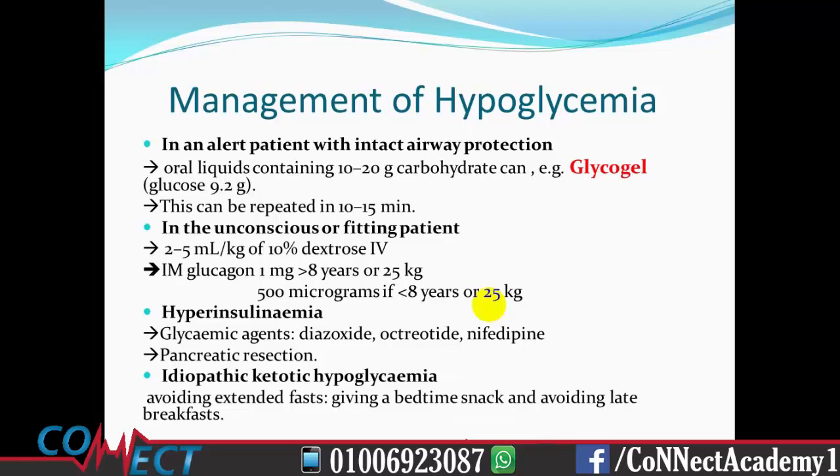For example, a patient with insulinoma of the pancreas. If I treated him emergently now, he will come tomorrow with another attack of hypoglycemia. So this child has to be put on certain measures to decrease the frequency and the severity of the attacks of hypoglycemia. That's by giving him hyperglycemic agents like diazoxide or octreotide or nifedipine.